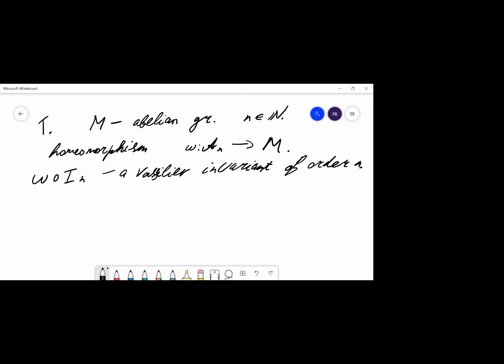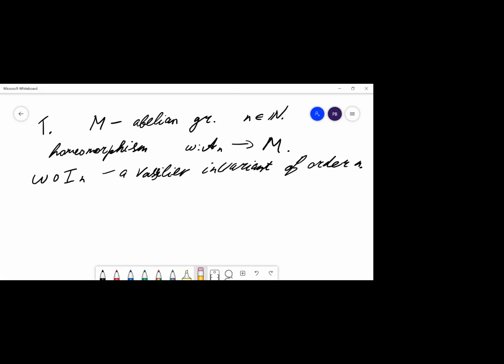Okay, but this sounds rather strange, because I_n is not very complicated. It just replaces a diagram with the sum of all its subdiagrams.